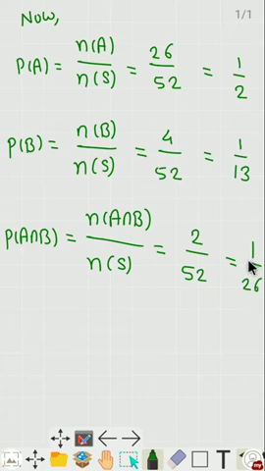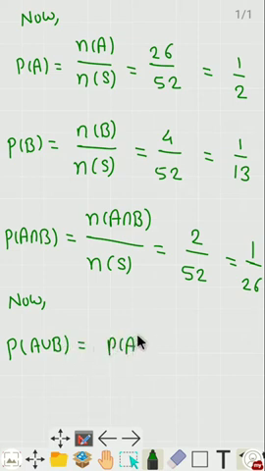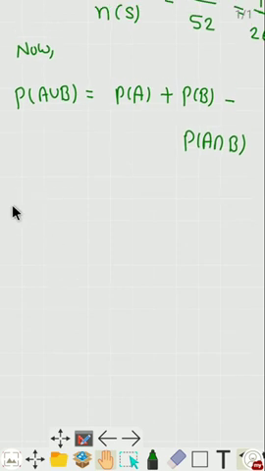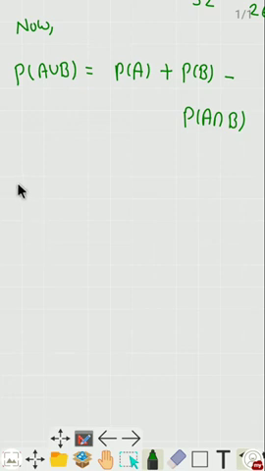Now we use the addition theorem to find the probability of getting either a king card or a red card. It is given by probability of A union B, which is equal to probability of A plus probability of B minus probability of A intersection B. So this is the addition theorem to find the probability of a union. Now we put in the values.